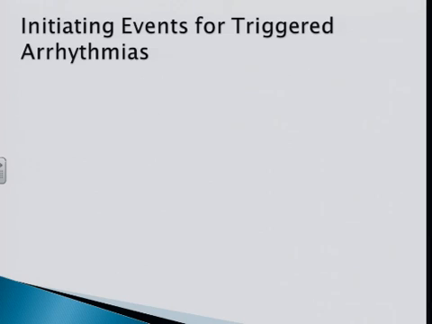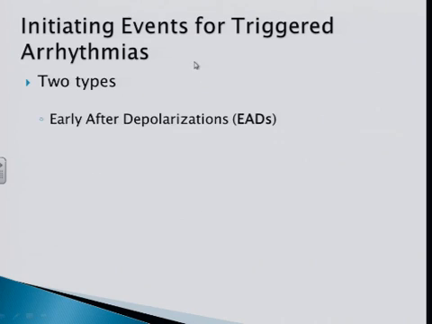You need something there to trigger it. And so you have triggered arrhythmias, which can, of course, set up and develop sustained arrhythmias, or they're actually arrhythmogenic all by and of themselves, as they disrupt the organizational flow of action potentials.